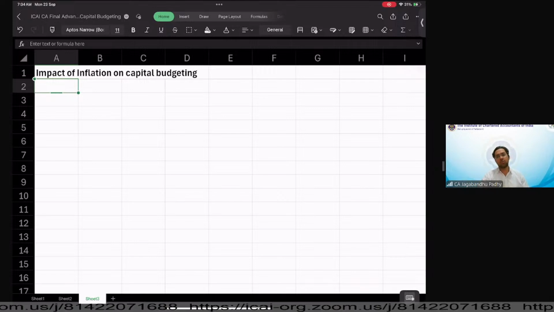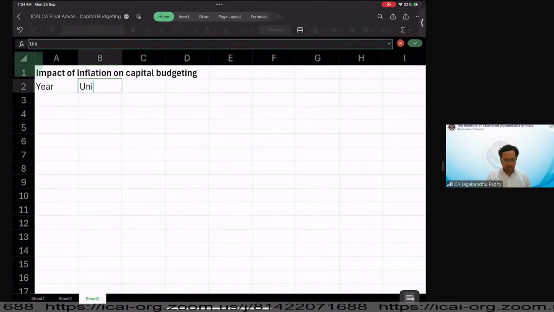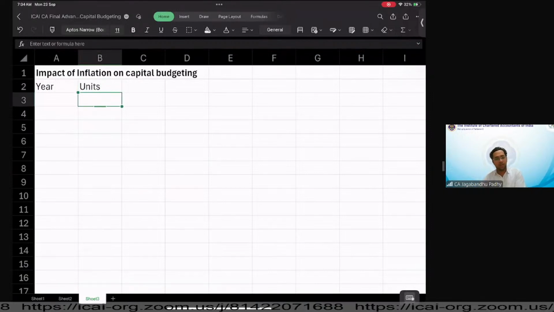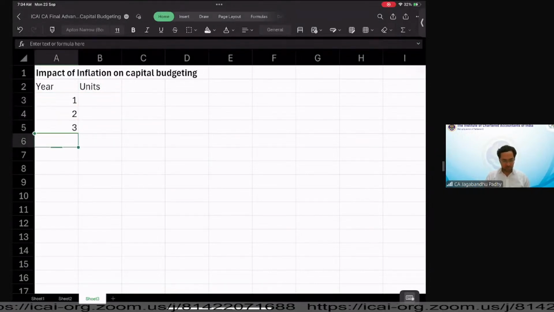Now, for example, let me just look into the revenue aspect, just the revenue aspect. Let's say year and the units that we are looking to sell. First year, second year, third year, fourth year, right? So it's a 4-year project.